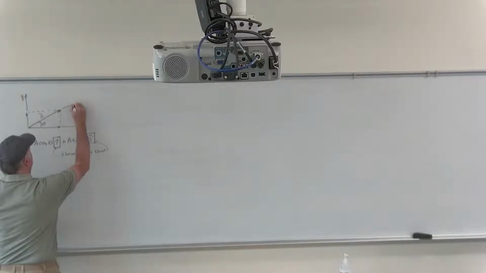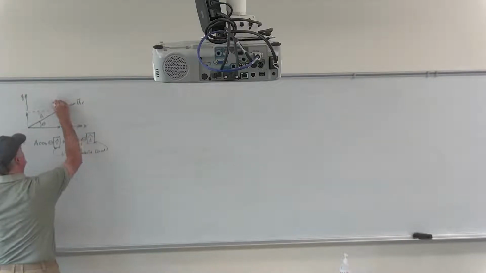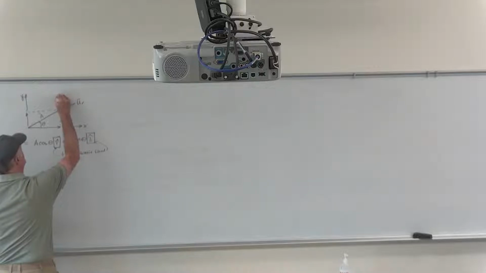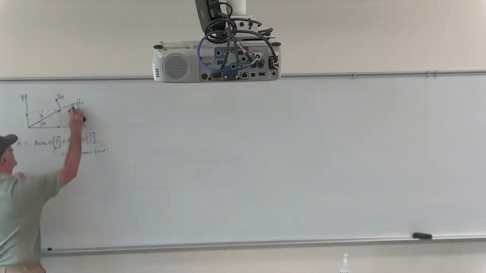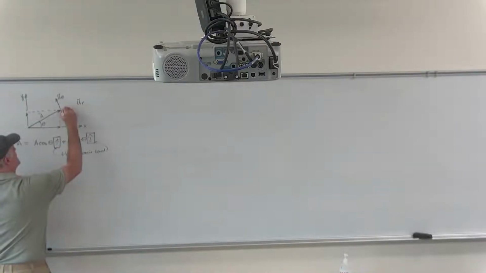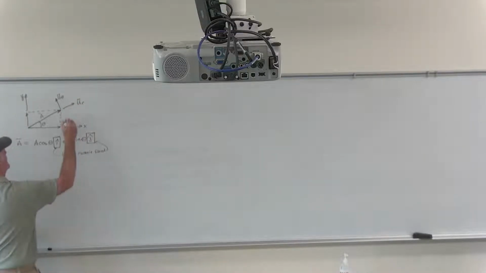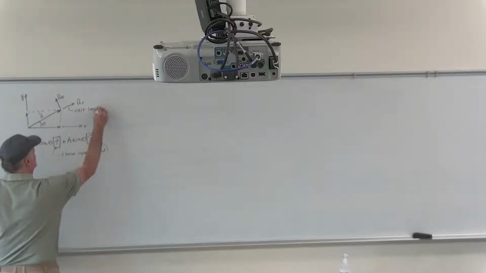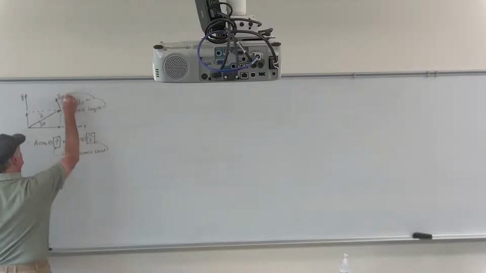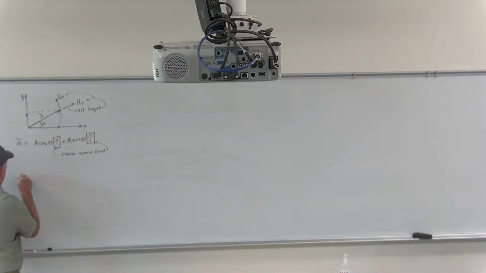The reason is they want the base vectors to be like this, where this UR points directly in the direction of A and is unit length. This is unit length and that's unit length. So they're base vectors.